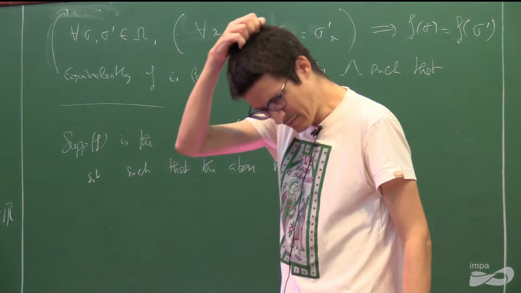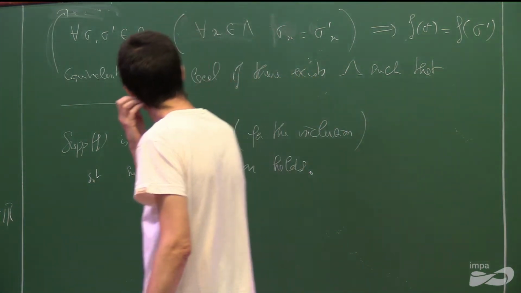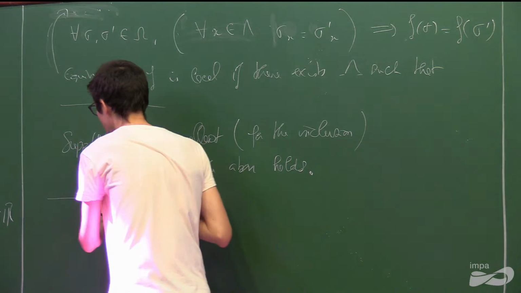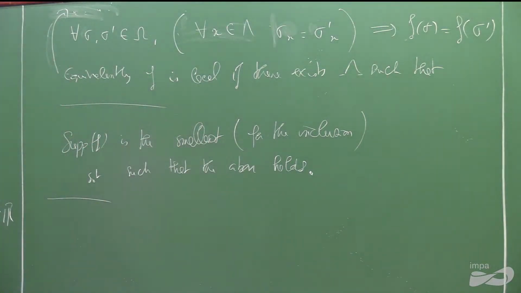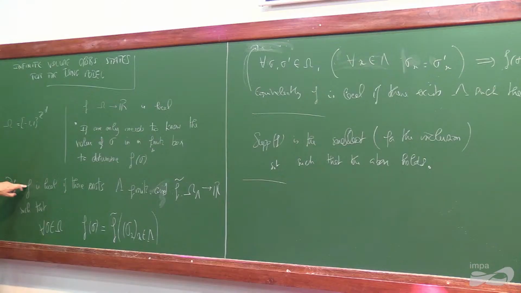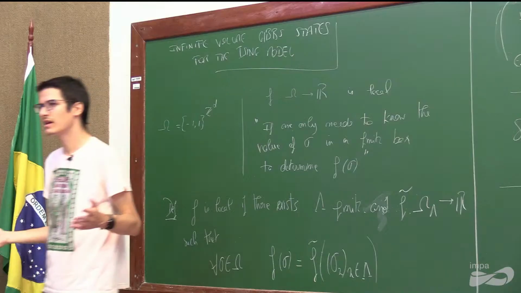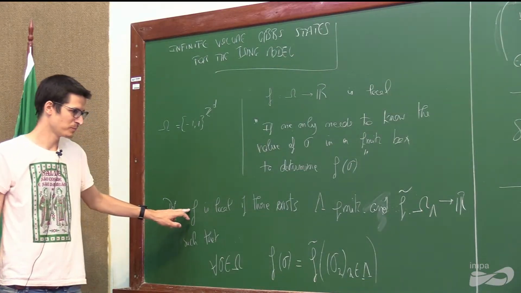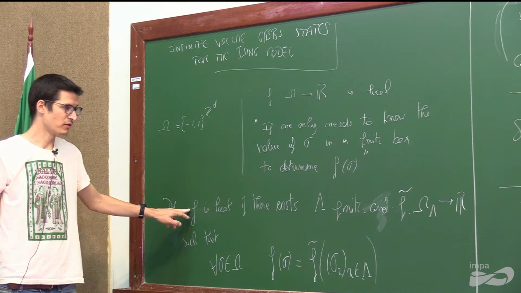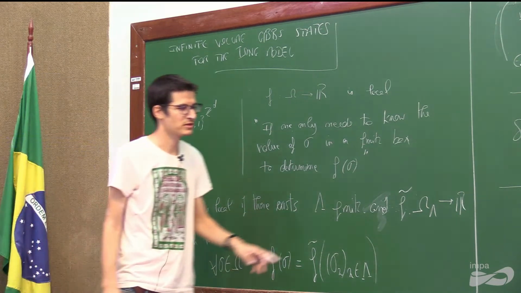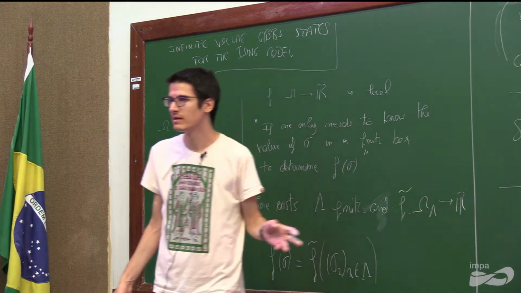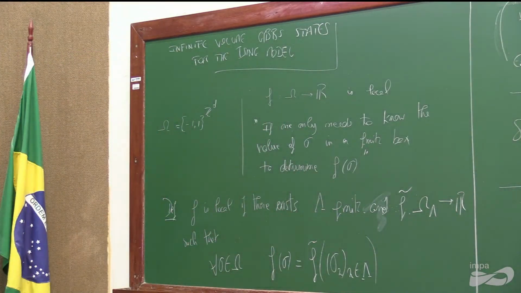And maybe one thing. Now this f and this f tilde are different things. f here is a function defined on omega, and this is a function defined on omega lambda. But it will be somehow convenient for me sometimes in this class to identify the two. And it will be kind of clear when I do this.